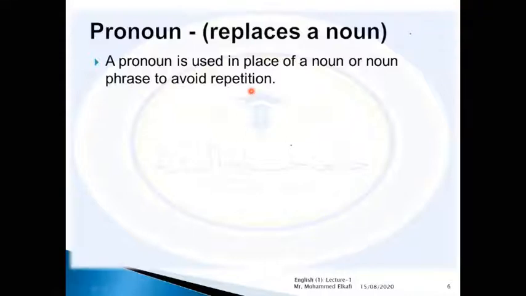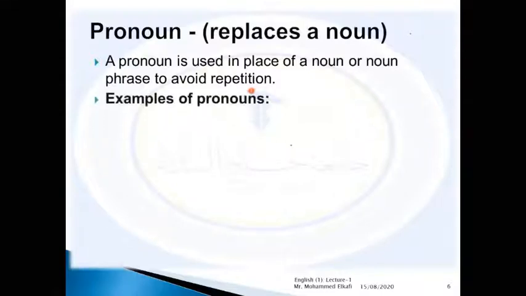So for example, if you said Ali played football, instead of saying and then Ali returned home, you can say and then he returned home, without saying Ali again. Instead of Ali you can use he.